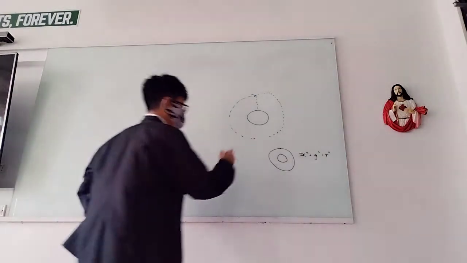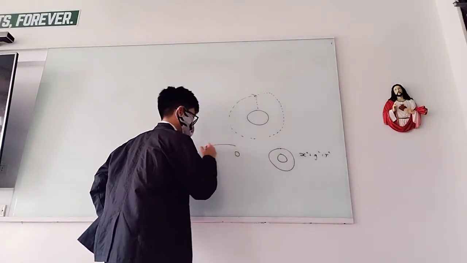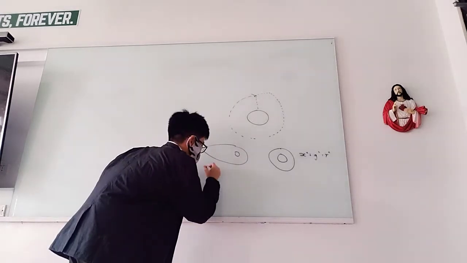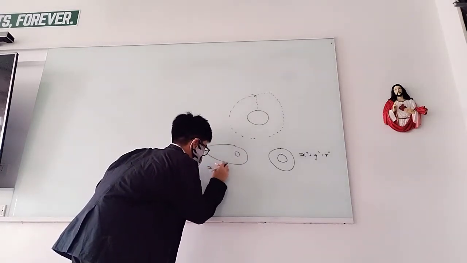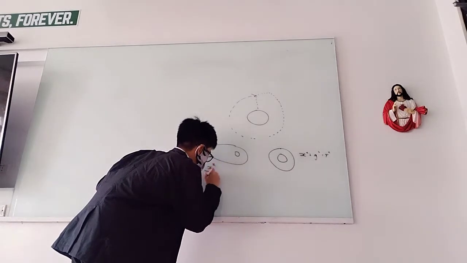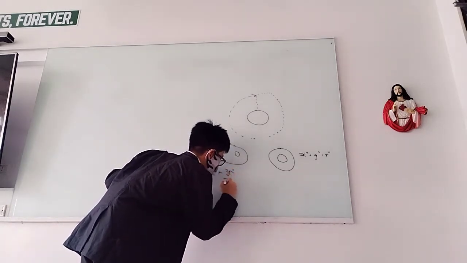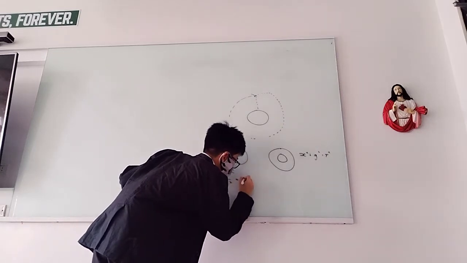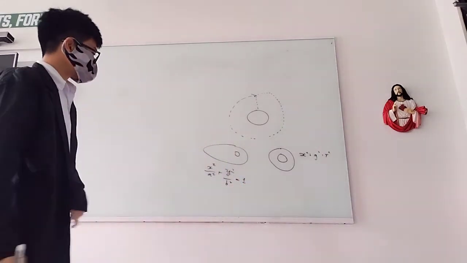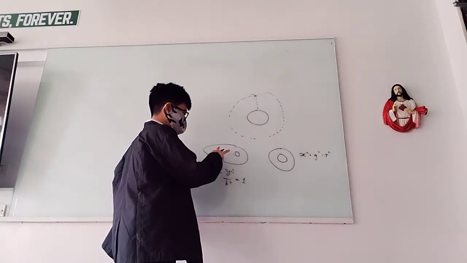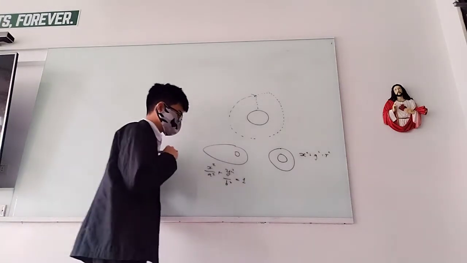And then we have an elliptical orbit, which is governed by the equation x squared over a squared plus y squared over b squared equals 1. And of course, a and b are the two points here, I believe.